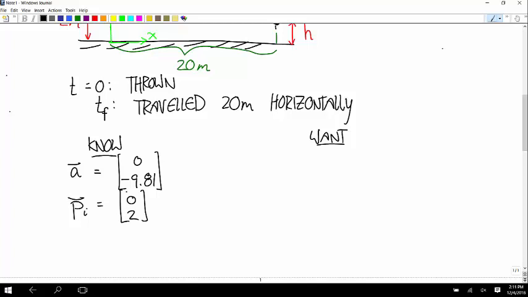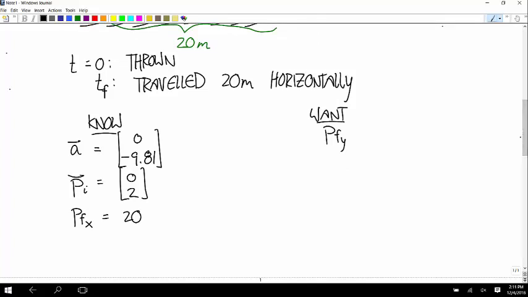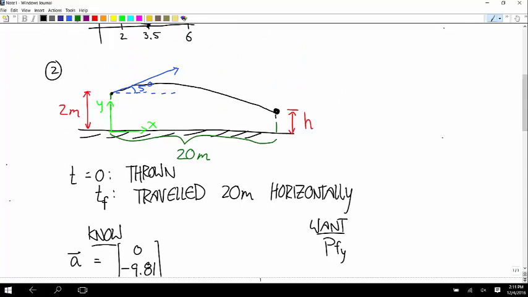The final position, do we know anything about the final position? Yeah, we know that PFX is 20, and we're trying to find PFY. The initial velocity, we're going to have to calculate that. And that's going to come from using this speed of 30 meters per second and that angle of 5 degrees above the horizontal.